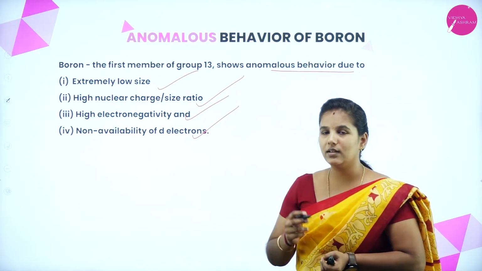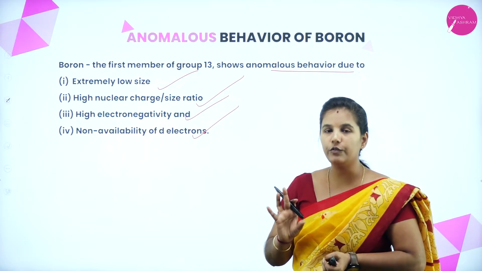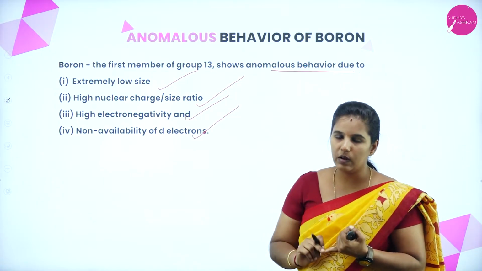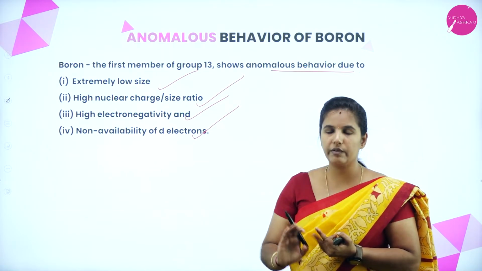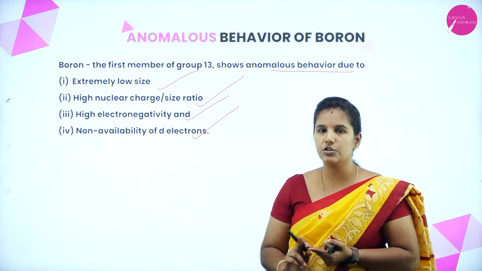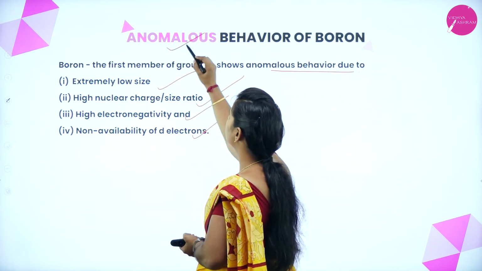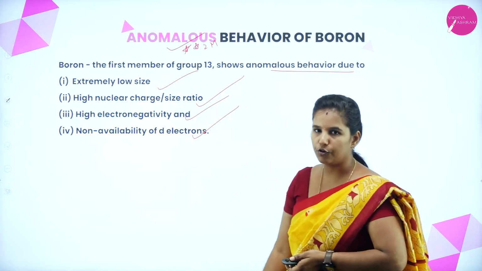So these are the 4 reasons which make boron behave differently from the rest of the elements of this block. In the examination, they can ask you for 2 marks to write the anomalous behavior of boron.